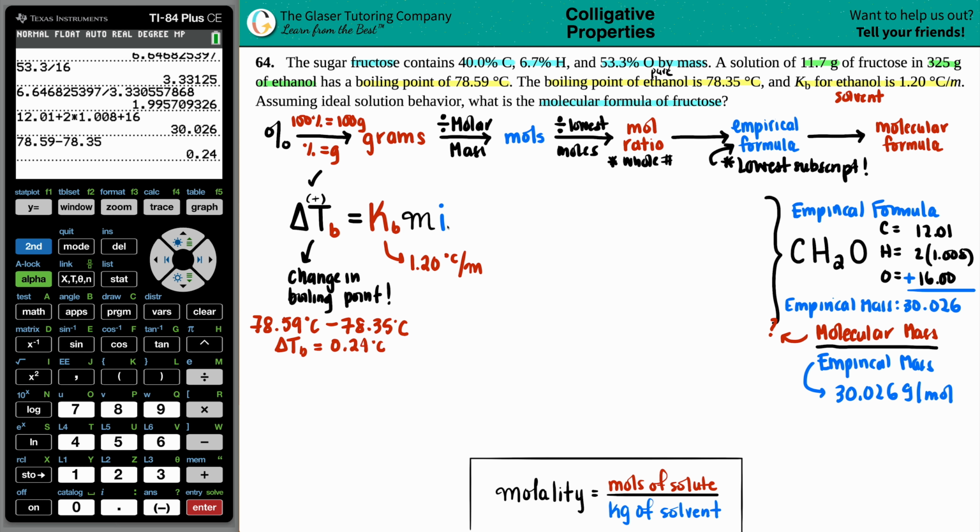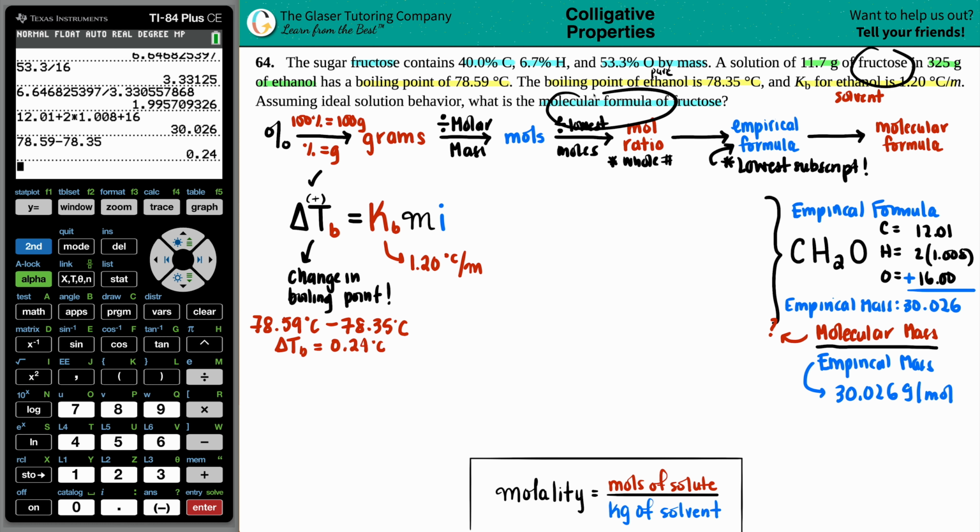Which one do I not know the answer to? Well, molality, right? Molality equals the moles of the solute divided by the kilograms of the solvent. The only thing they gave us was 11.7 grams of fructose. But once again, I run into a problem because I don't know what the formula of fructose is.